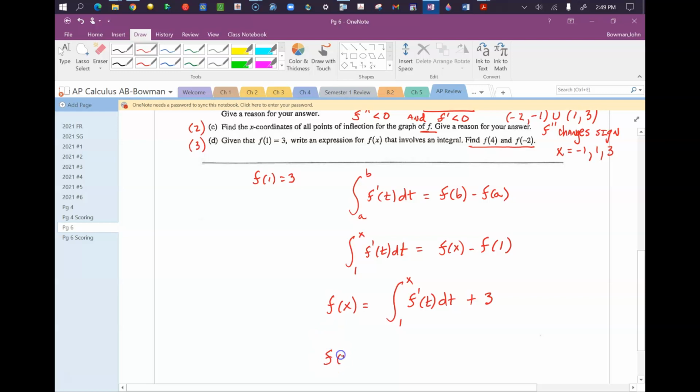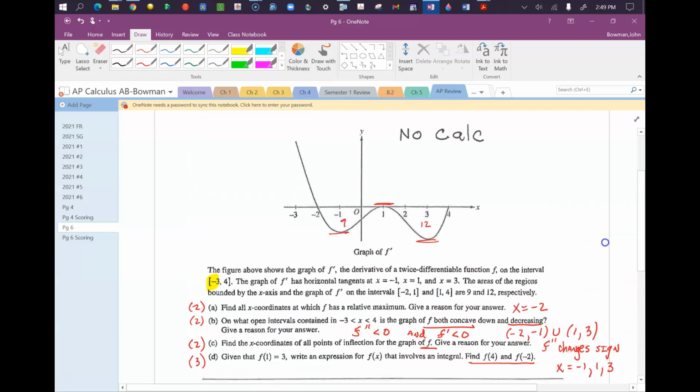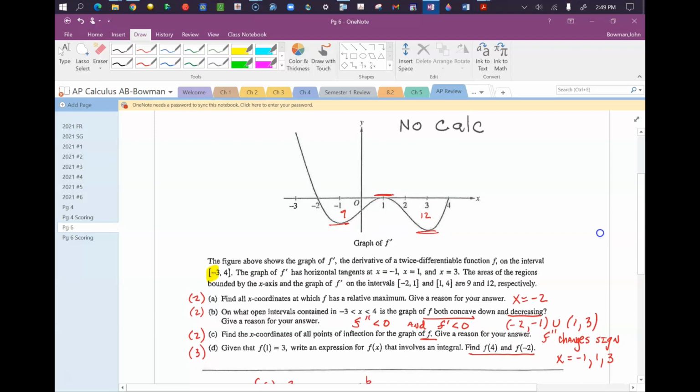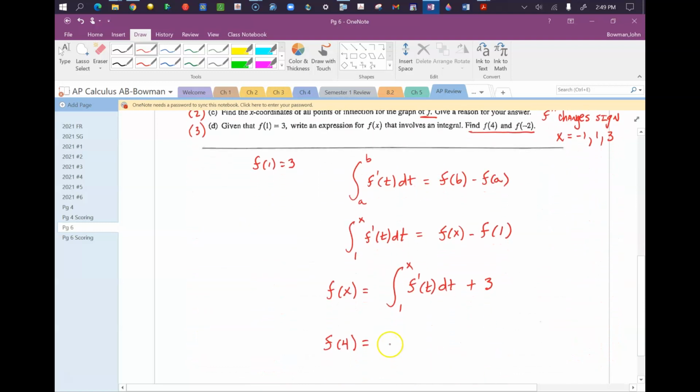So f of 4 is going to be the integral from 1 to 4 of the graph above, and the integral from 1 to 4 is not positive 12, it's negative 12 because the area is below the x-axis. So our answer is going to be negative 12 plus 3, or negative 9.